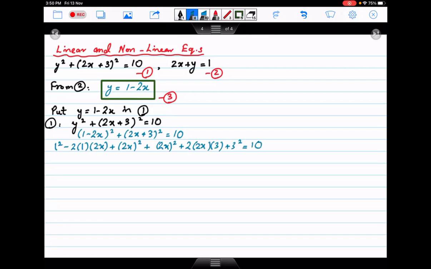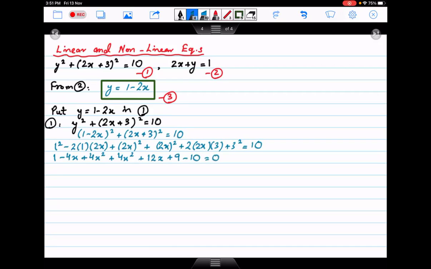Now solving this becomes 1 minus 4x plus 4x² plus 4x² plus 12x plus 9 minus 10 equals to 0.